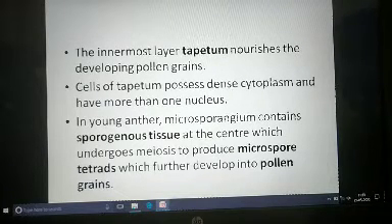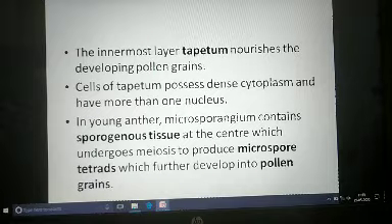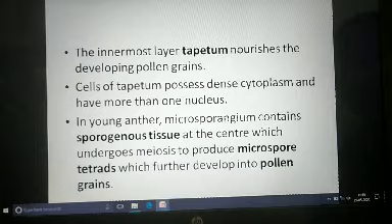The innermost layer, that is tapetum, nourishes the developing pollen grains. The cells of tapetum possess dense cytoplasm and have more than one nucleus. In a young anther, the microsporangium contains sporogenous tissue at the center, which undergoes meiosis to produce microspore tetrads, which further develop into pollen grains, which we will discuss in the next video about pollen grains.